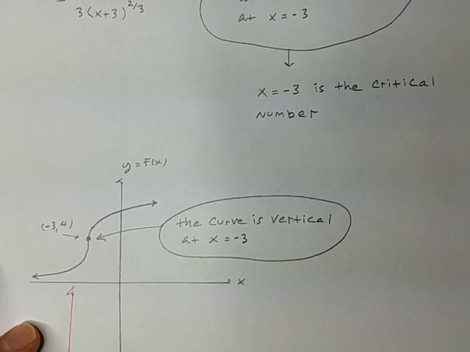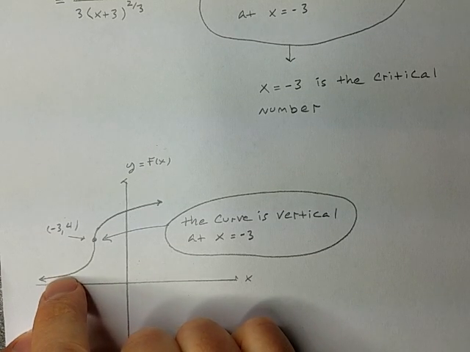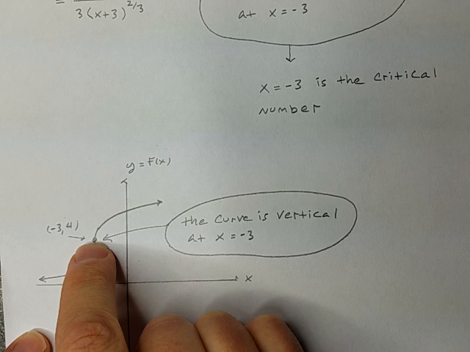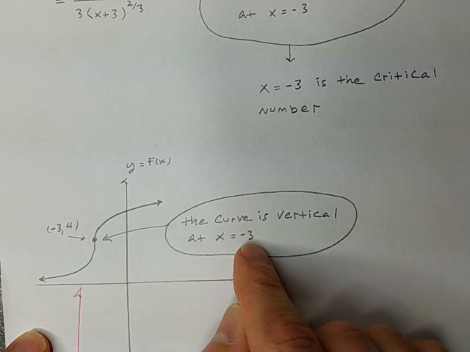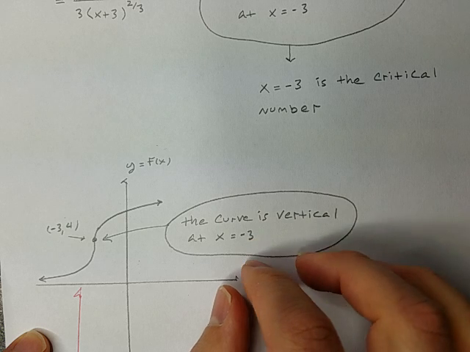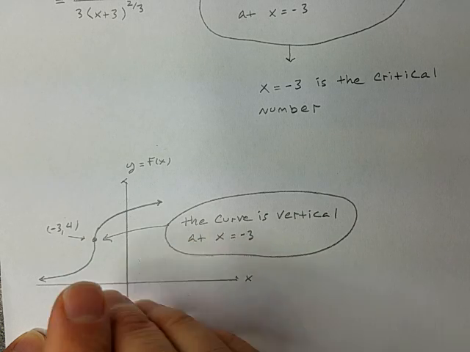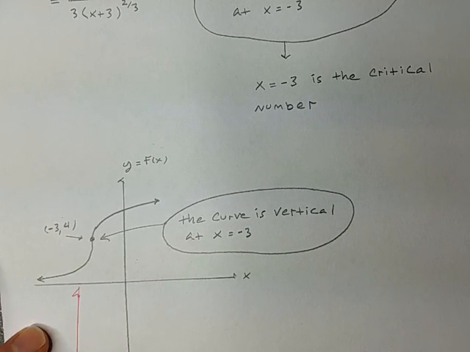So there's my disclaimer. But anyway, there's your curve, and what I notice about it is it rises, and it becomes extremely steep, so steep that it's vertical at the point x equal to -3. And I guess another disclaimer is I say the curve's vertical at -3. It'd be more proper to say it had a vertical tangent line at x equal to -3.